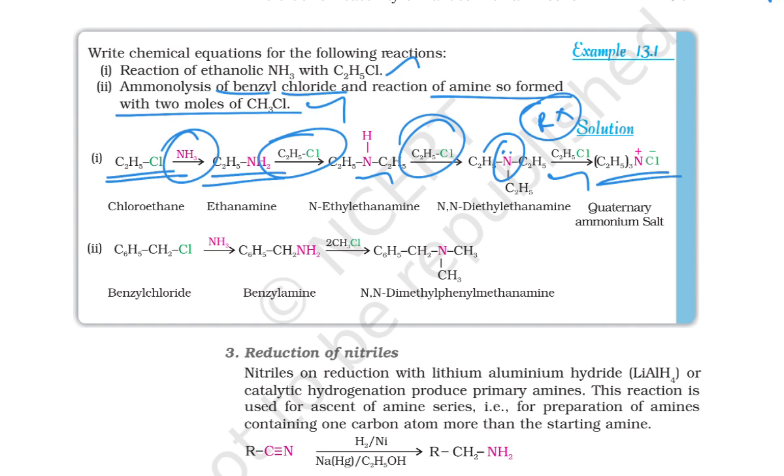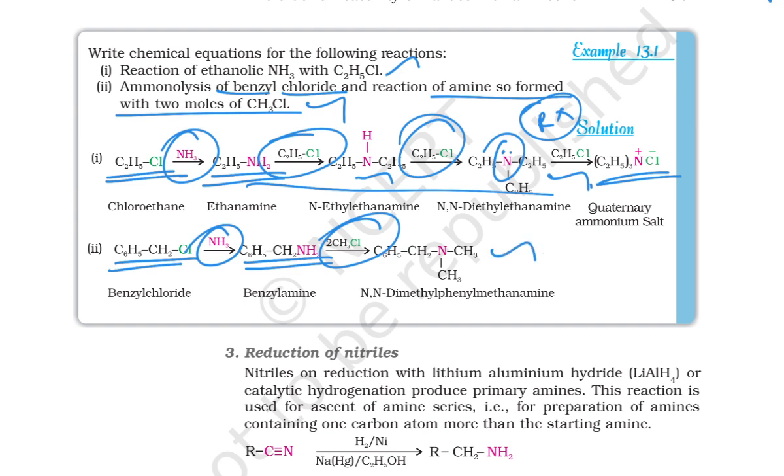Clear? So this lone pair of electrons is the main factor for the successive reaction. Right. So next, when it takes the benzyl chloride and reacts with NH3, we will get benzylamine. Benzylamine reacts with 2 moles of CH3Cl. At that time we will get the tertiary amine, that is N,N-dimethylphenylmethanamine, right?